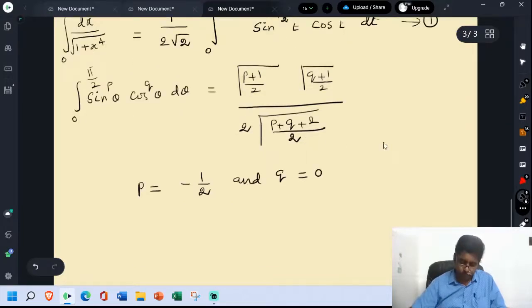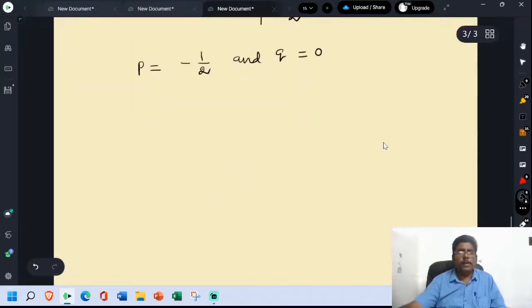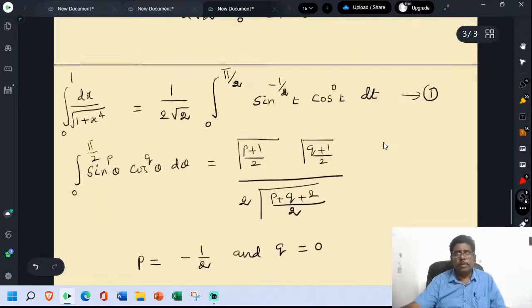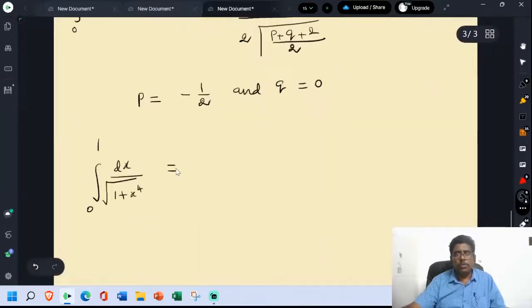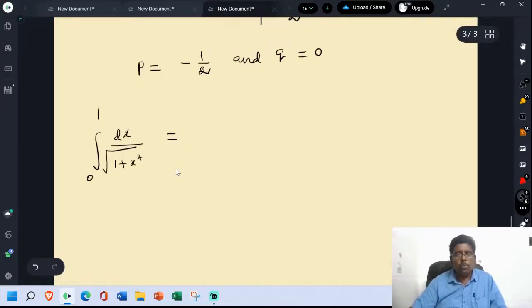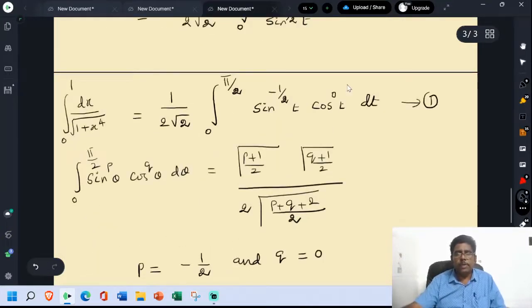Therefore, integral limit varying from 0 to 1 dx by root of 1 plus x power 4 equal to 1 by 2 root 2. Instead of this integral, we have to use this result.